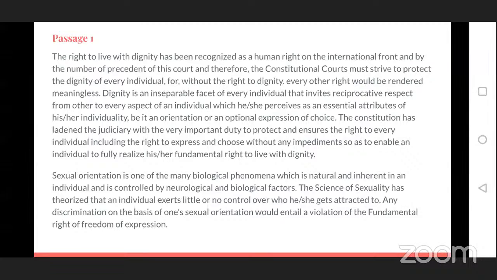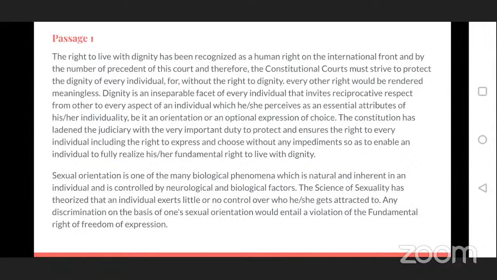Sexual orientation is one of the many biological phenomena which is natural and inherent in any individual and is controlled by neurological and biological factors. The science of sexuality has theorized that an individual exerts little or no control over who he or she gets attracted to.